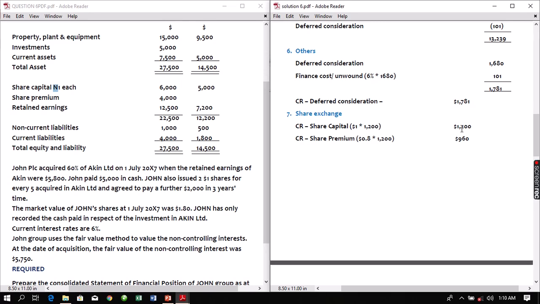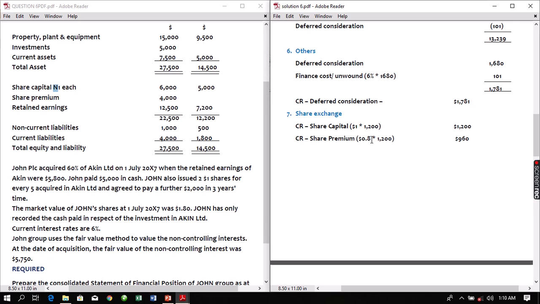But you will now ask me, when we were doing the real valuation, we used 1.8, not 1. Yes, because any excess over the nominal value whenever we issue shares will be treated as share premium. So the balance that remains, which is 0.8, will be treated as share premium.